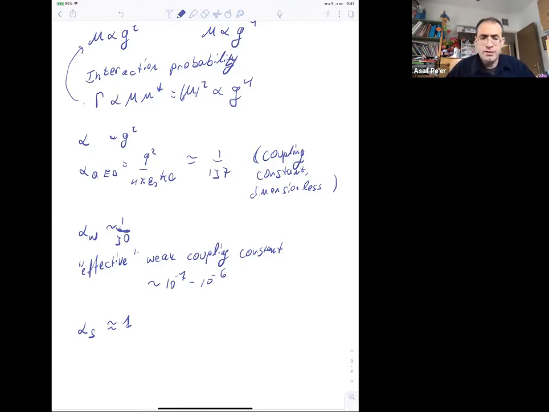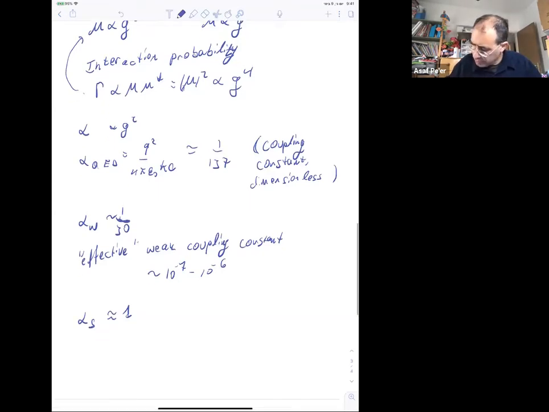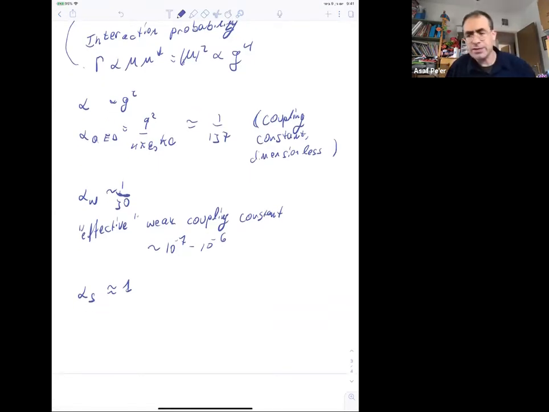But what saves us is that when we go to higher energies, the coupling constant is not really a constant. It's really a misleading term. It is energy dependent. The coupling for the strong interaction actually goes down with energy. So when we go to higher energies, it becomes smaller. I'll give you some sketch, and you can find it in textbooks.